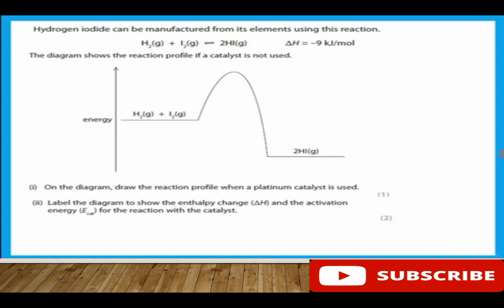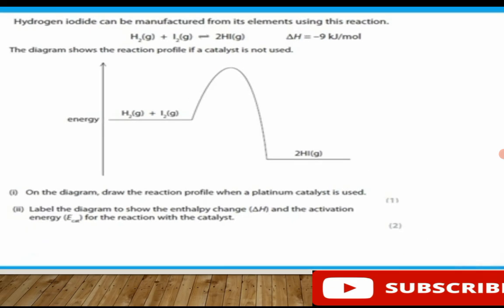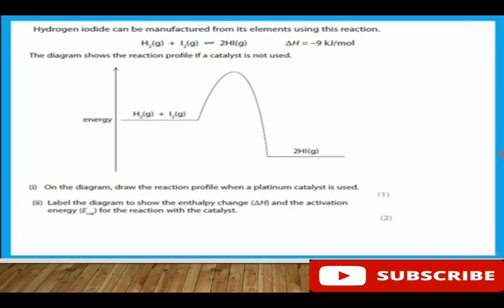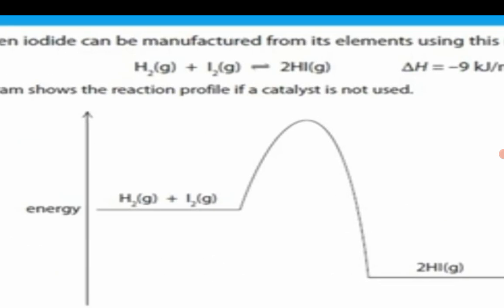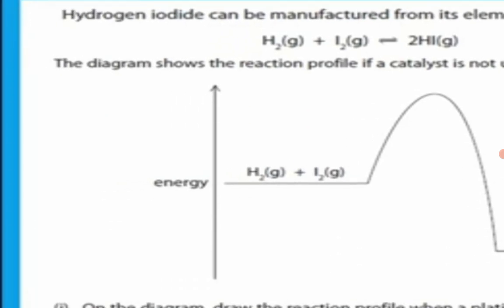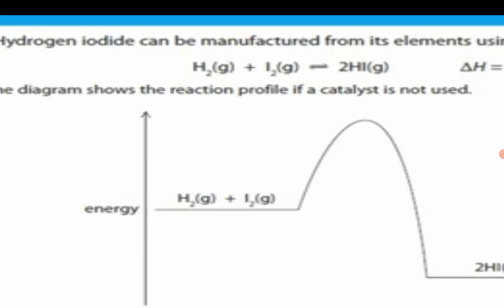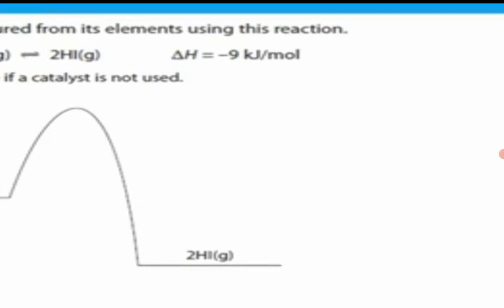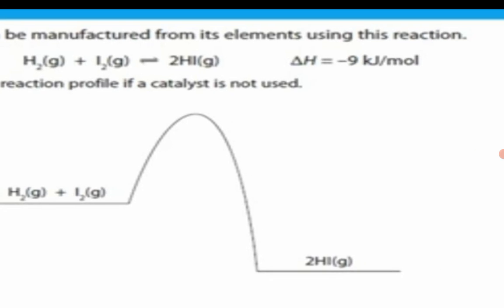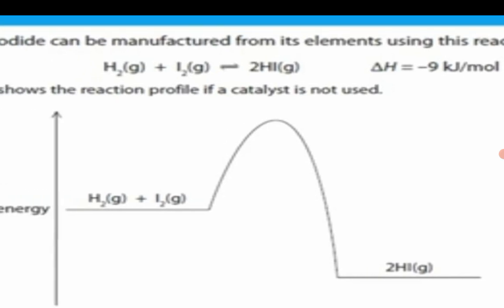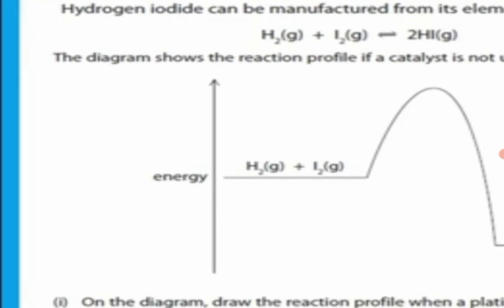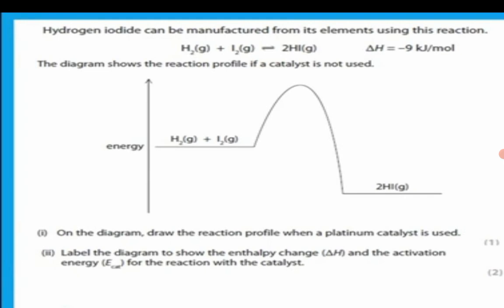All right, so of course I prepared this question for you to look at. Unfortunately it's not clear enough, but you can see, it's saying that hydrogen iodide can be manufactured from its elements using this reaction. So we have hydrogen reacting with iodine to give hydrogen iodide. The diagram shows the reaction profile if a catalyst is not used.